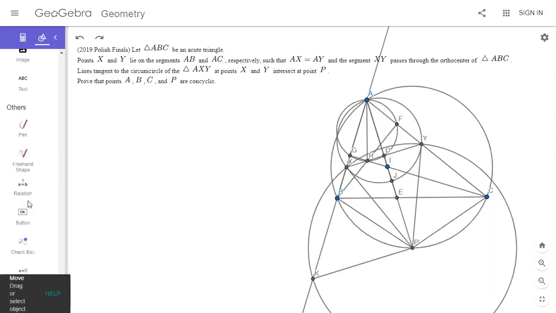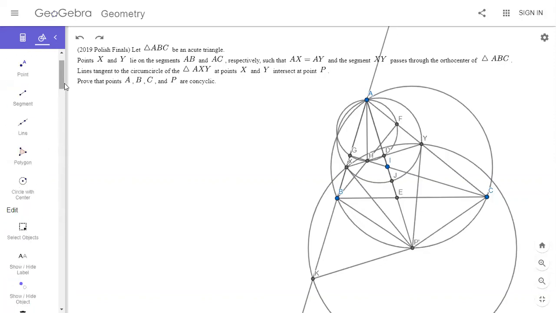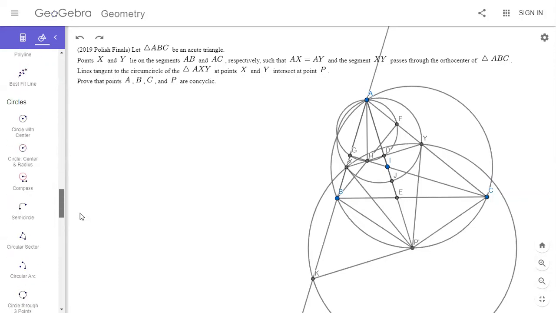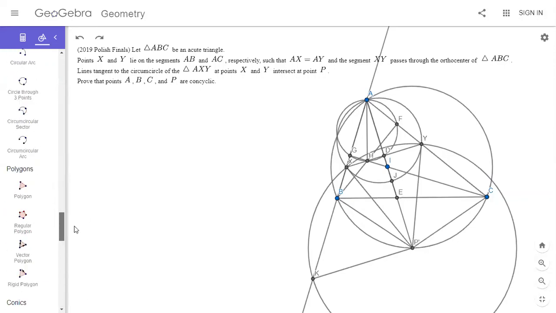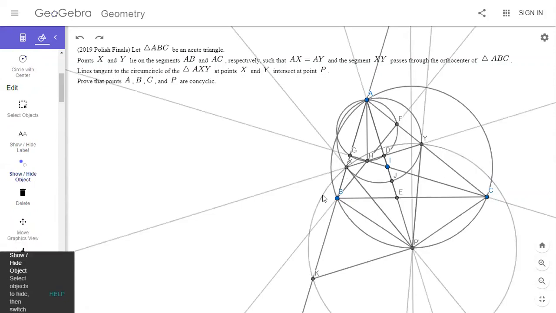Let me hide a couple things, but yeah, I have the solution, and I see where we use that H as the orthocenter. Okay, so let me hide a few things that I don't need.